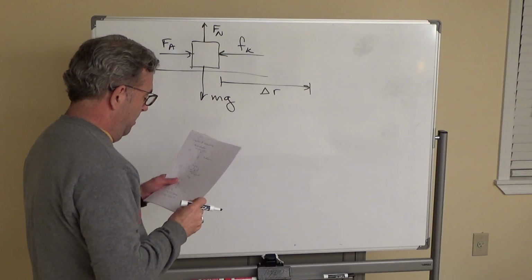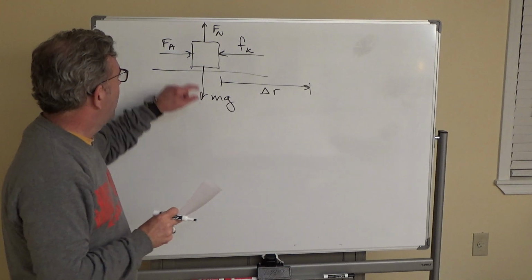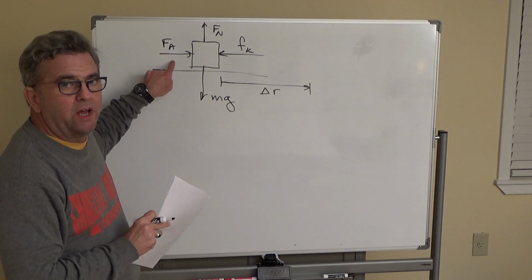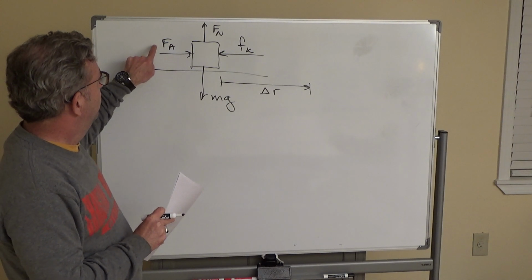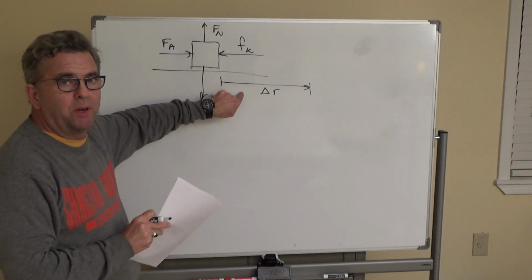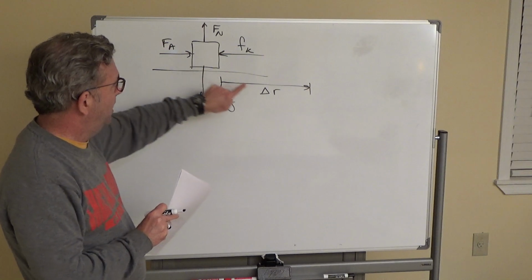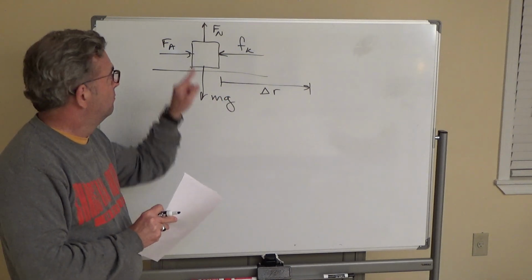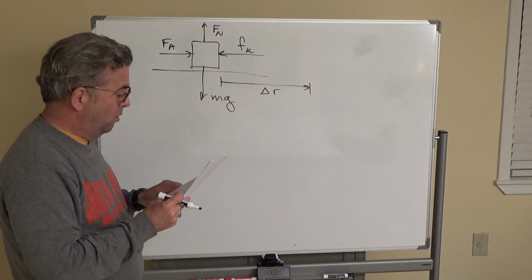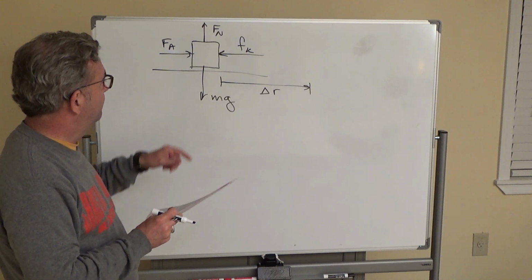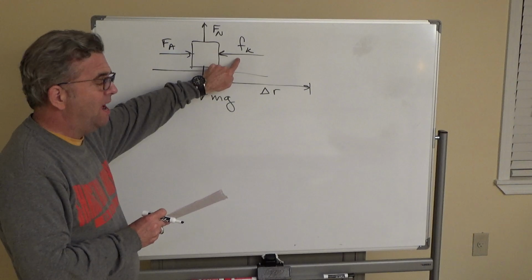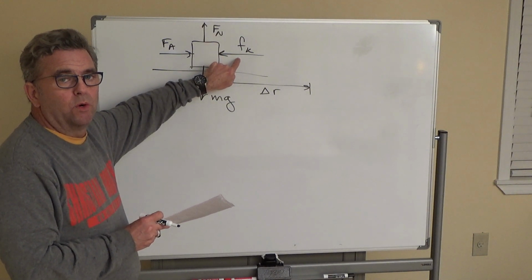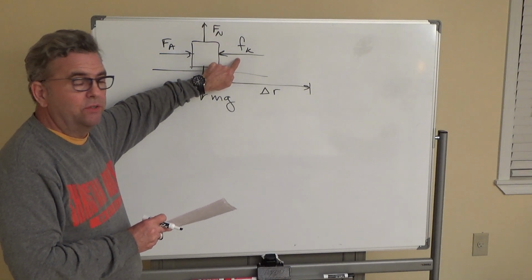Okay? In part A, you're asked, what is the work done by the applied force? Well, it's in the direction of the displacement. That's just Fa delta R, force through a distance. What's the work done by the friction force? It's the negative of that. You have to calculate that force due to kinetic friction. You know how to do that.